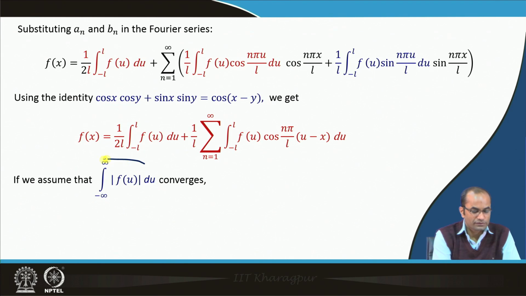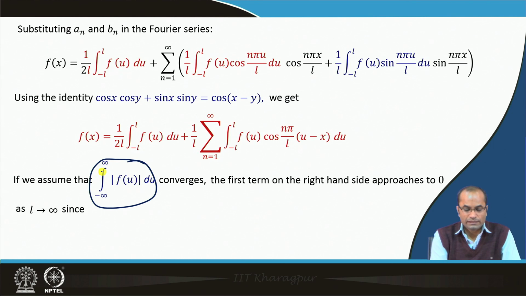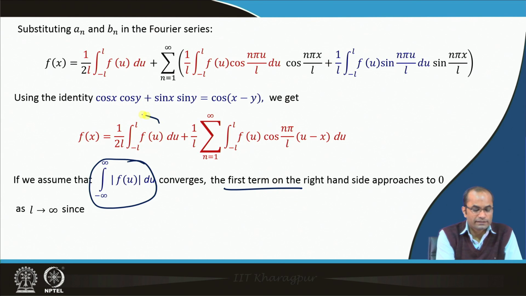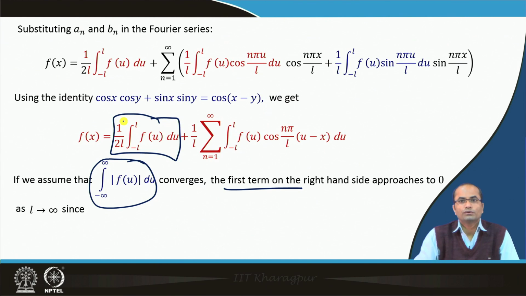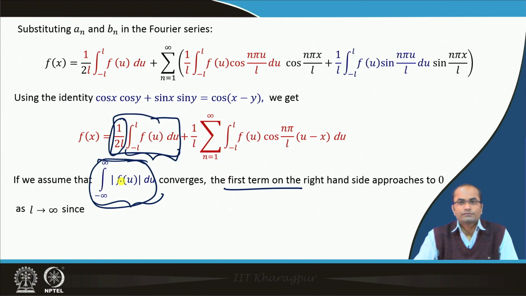So, with this assumption that this integral converges, we will see that the first term on this right hand side, this term here, will approach 0 as L approaches infinity, because 1 over L is sitting outside and then this integral is bounded, it is a finite quantity because we have the absolute convergence of that integral.